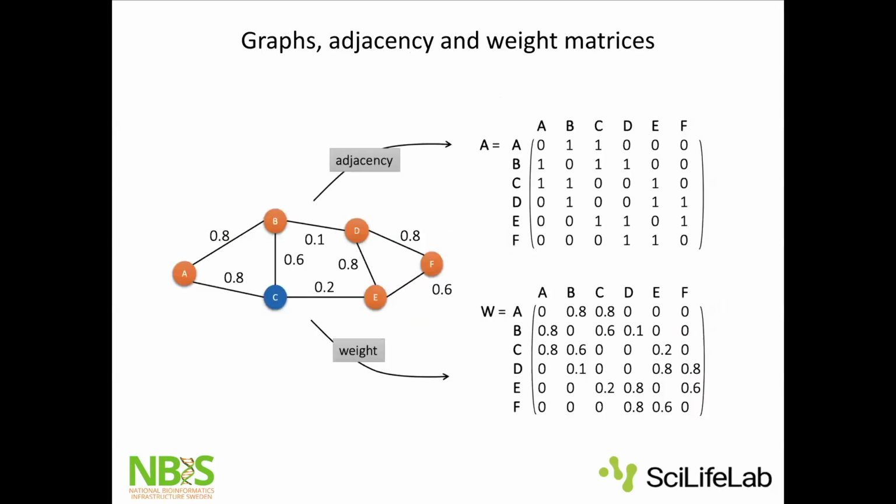The next thing is that we want to put them into packages like iGraph. And then, if we have an unweighted graph, we can have just an adjacency matrix. It's just zeros and ones, where we'd say that A and B should have a link, A and C should have a link, but not A and D. Or if it's a weighted graph, it's instead numbers that tell the weight of how strong we think this sort of similarity is.